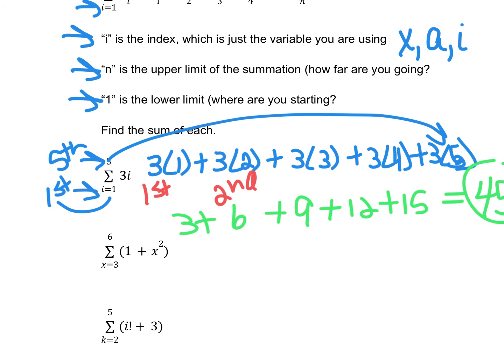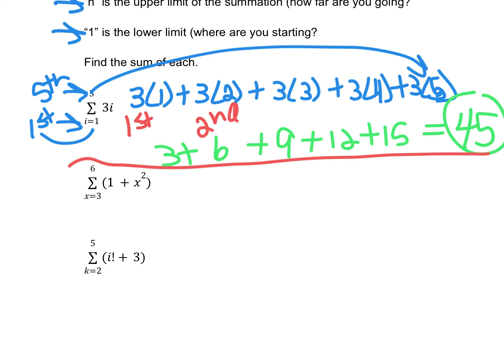Okay, so let's look at the second one here. This time we are going from the third term to the sixth term. So our first thing is 1 plus 3 squared, because we're starting with our third term.